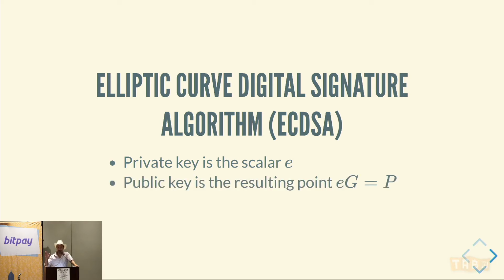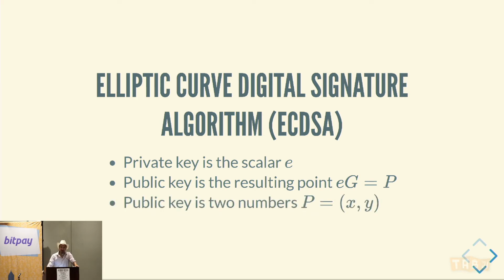If you are not familiar with elliptic curve cryptography, finite fields or elliptic curves, I do have a book, Programming Bitcoin, that goes through it step by step. It's not going to make that much sense unless you know that stuff. But it is eG = P. Capital P is the public key, and that public key is actually two numbers, a coordinate system, an x coordinate and a y coordinate. That's kind of important for what we're going to do.